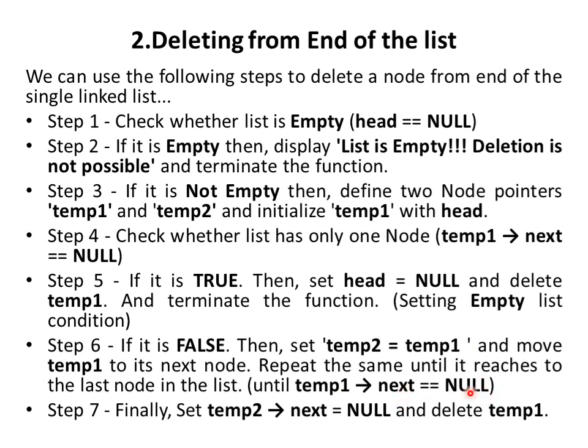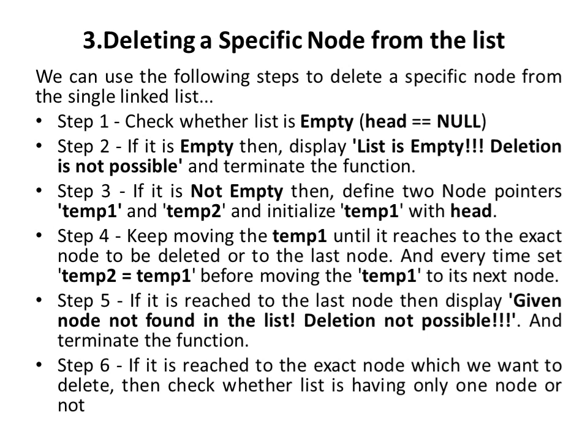I have said that in a linked list, if it ends with null, that means it is the last node. Finally, set temp2 of next equals null and delete temp1.